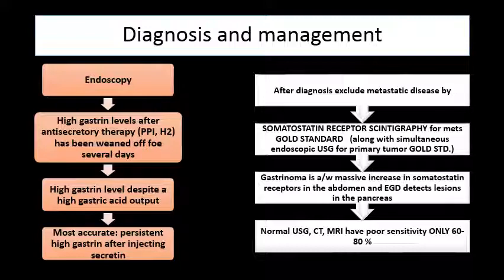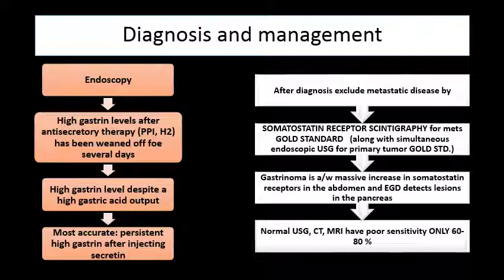First is somatostatin receptor scintigraphy for metastasis. That's gold standard, along with simultaneous endoscopic ultrasonography for primary tumor, which may be in the pancreas or duodenum.